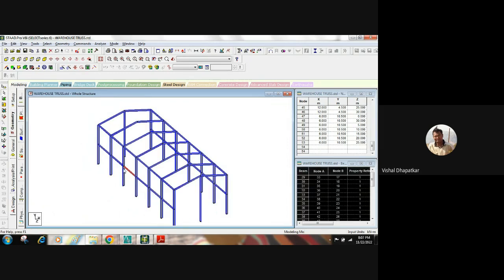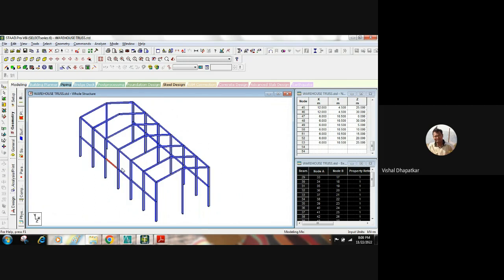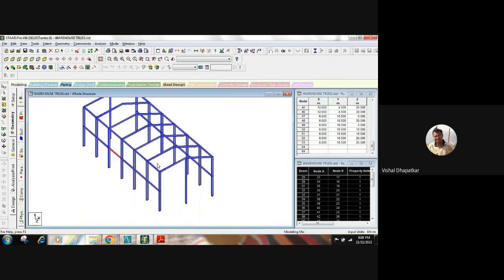so we have just provided this tie member here, but will it reduce the effective length in minor direction, or do we need to add something else to reduce the effective length? Any idea how we can reduce that?